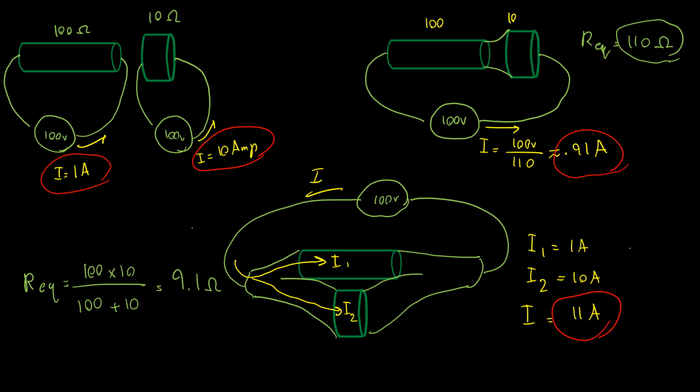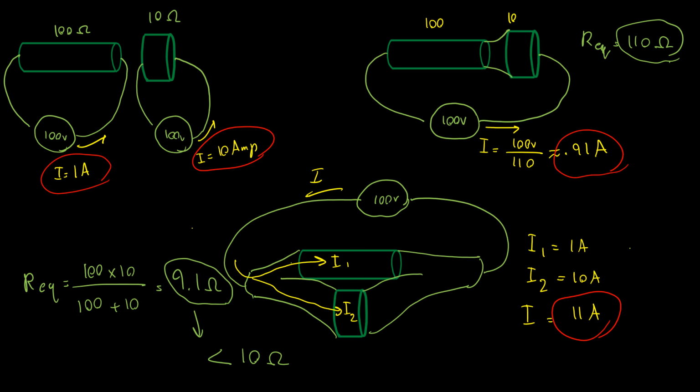So in series, my overall resistance increased, whereas in parallel, my overall resistance decreased. It's smaller. 9.1 ohms is smaller than my lowest resistance, 10 ohms.